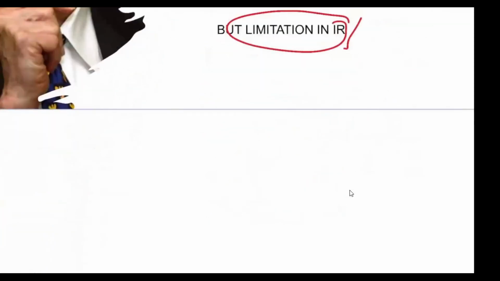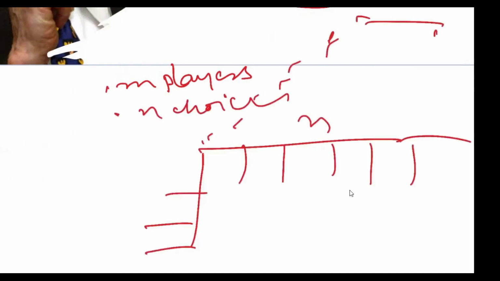See, basically the problem is game theory is about multiple players, M players, and N choices, and under each category you have certain values, that is the values to various outcomes.